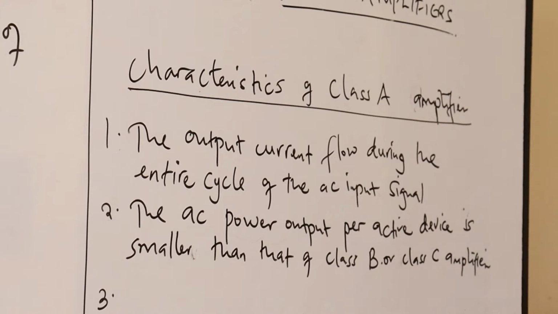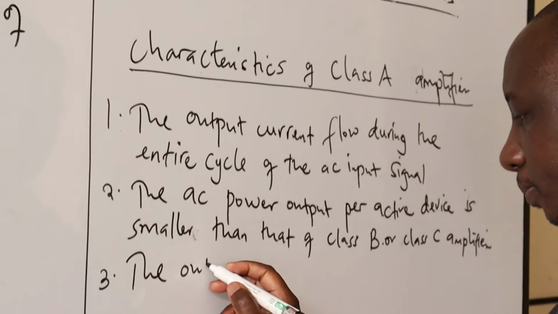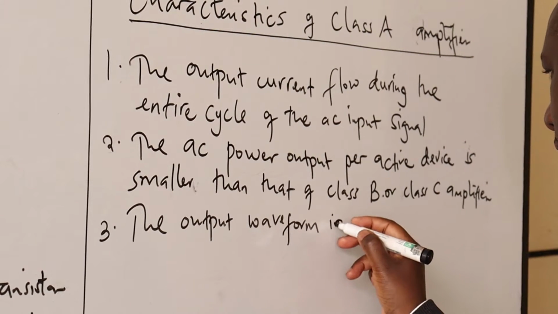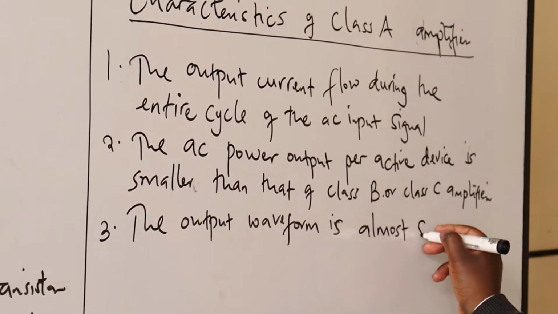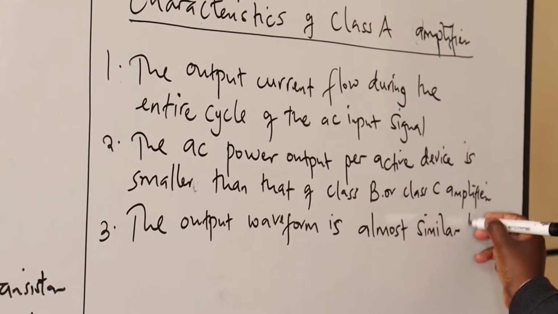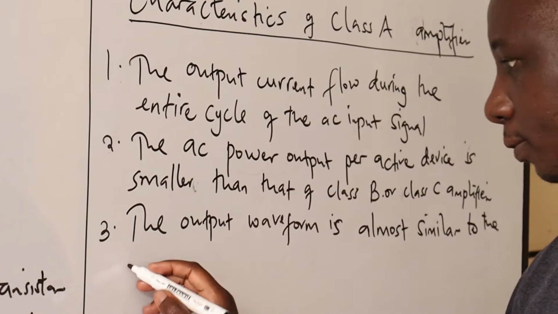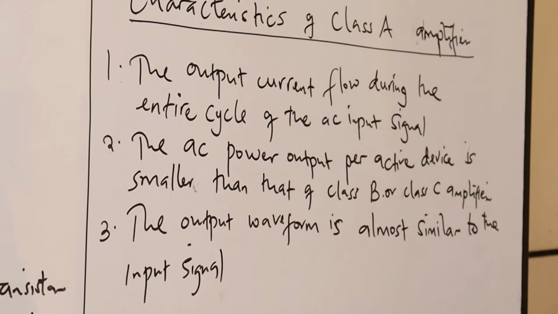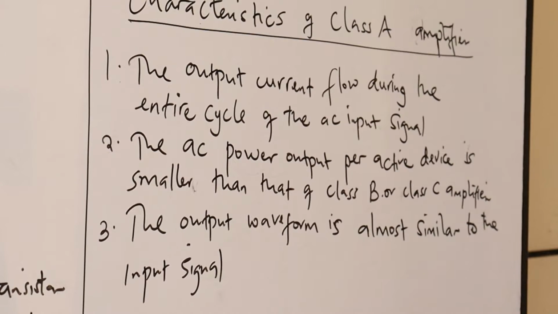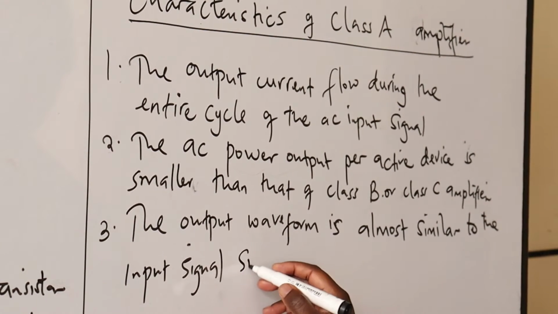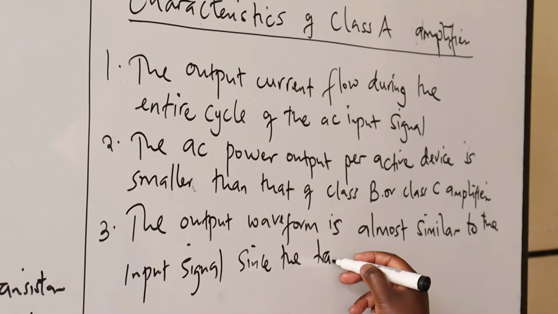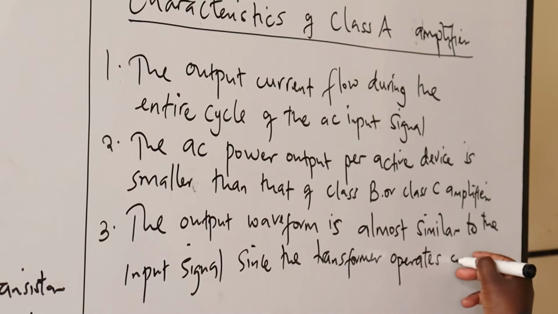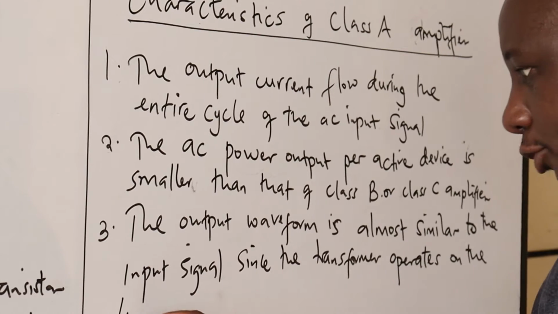Number three, the output waveform is almost similar to the input signal, since the transistor operates in the linear region.